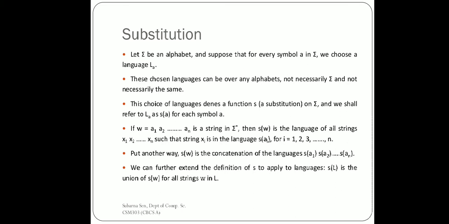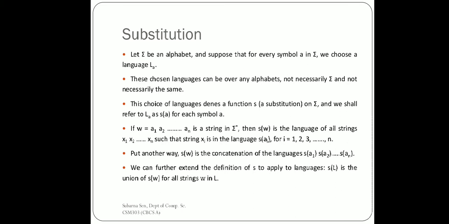Fine. So now we are assuming one string W, say A1, A2 up to AN. It's a string in sigma star, and SW is a language of all the strings x1, x2, up to xn, such that xi is in the language S of Ai.